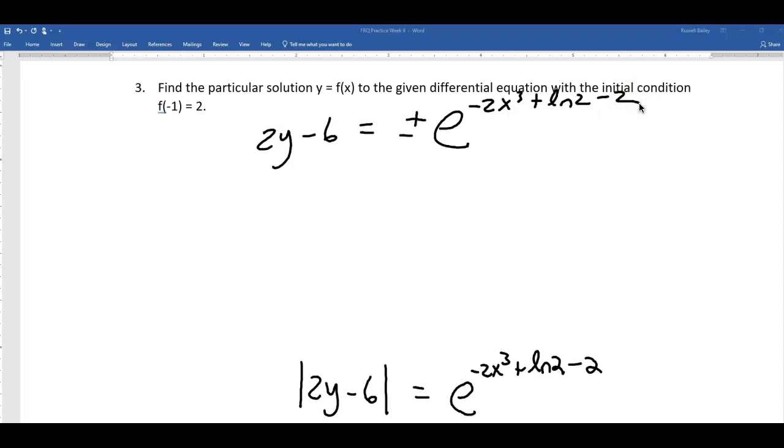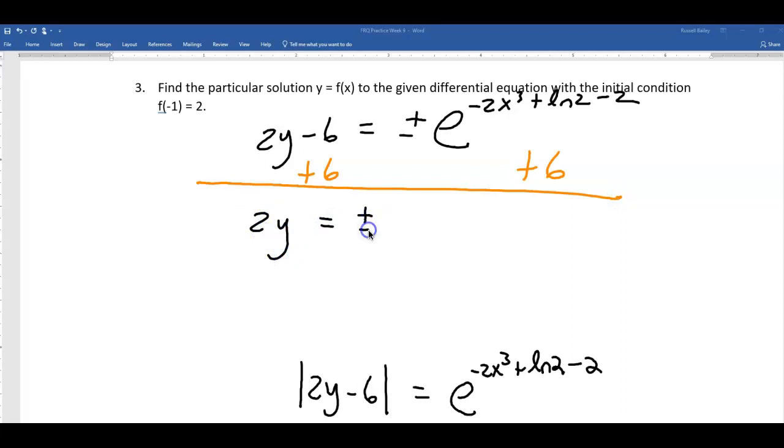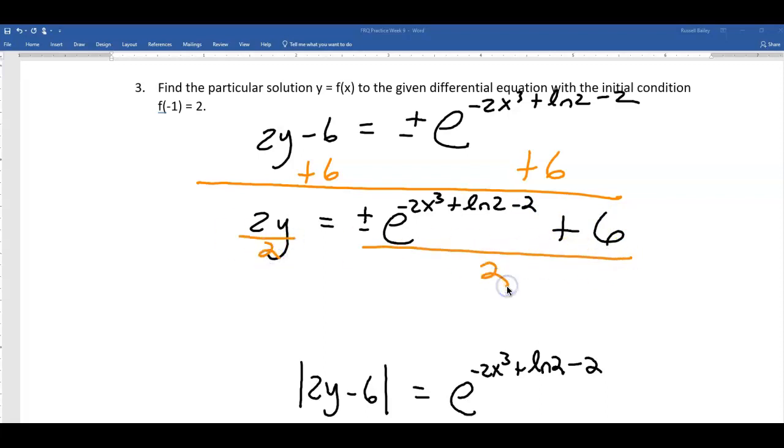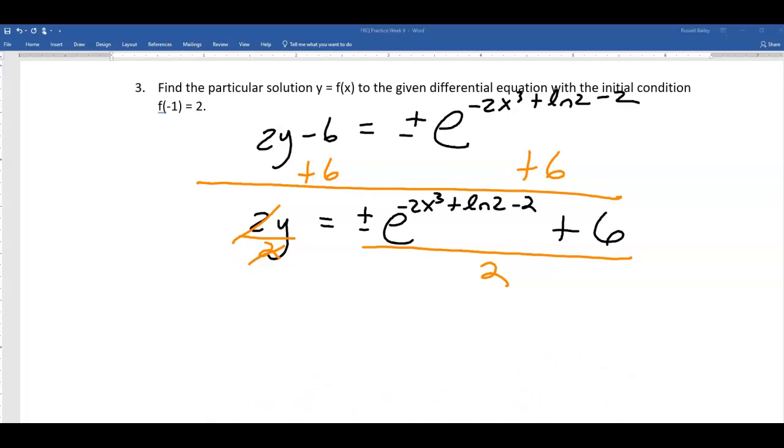We're going to add 6 and divide by 2, right? So let's do that. Add 6. Divide by 2. So I've got y is equal to.